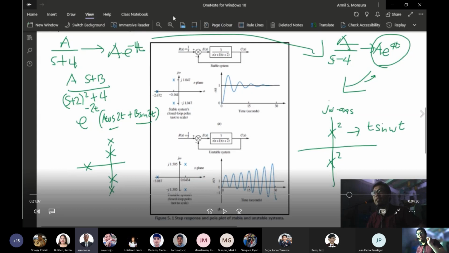Or what conditions do we need to have your system in terms of the natural response for your system to become stable?